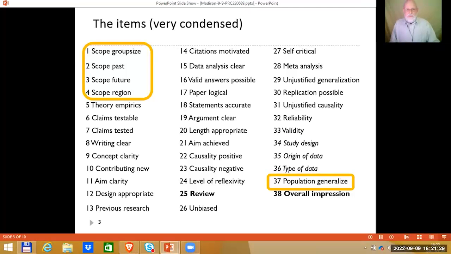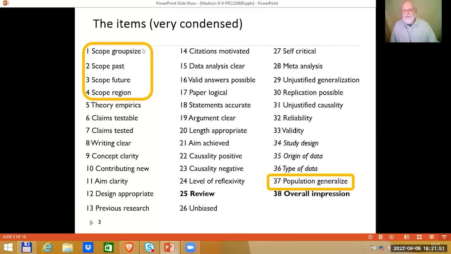I want to give you an overview of the kinds of items that we have devised in this instrument. What I have shown on the screen here in the boxes is something we call scope items. And so we see here on the top, number one, it's group size. That's typically the sample in social sciences research.